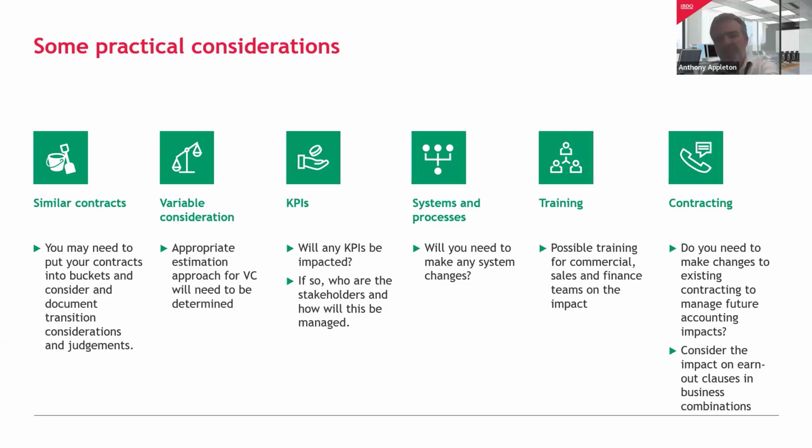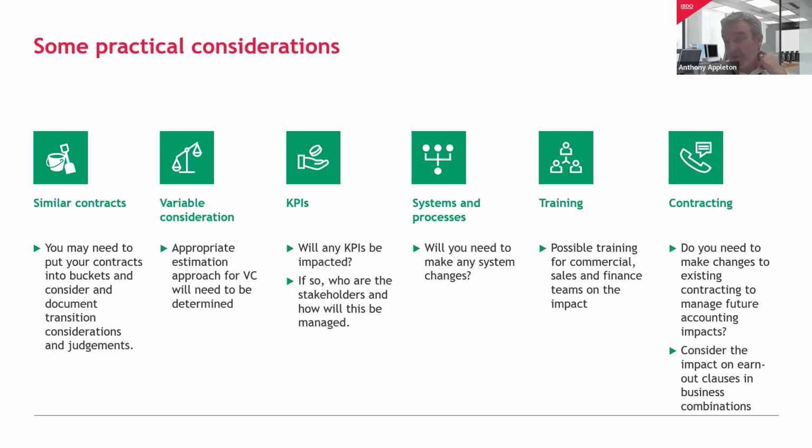Those, and changes from, for example, transfer of risks and rewards to control as a test, may well lead to changes in your revenue recognition. You need to think through how this is going to impact your KPIs. Who do you need to forewarn of those changes? Which stakeholders?